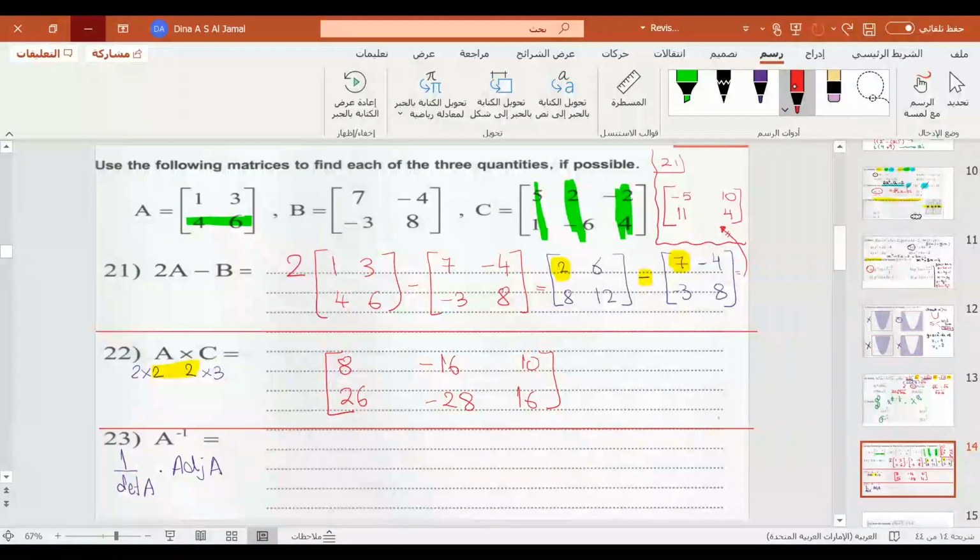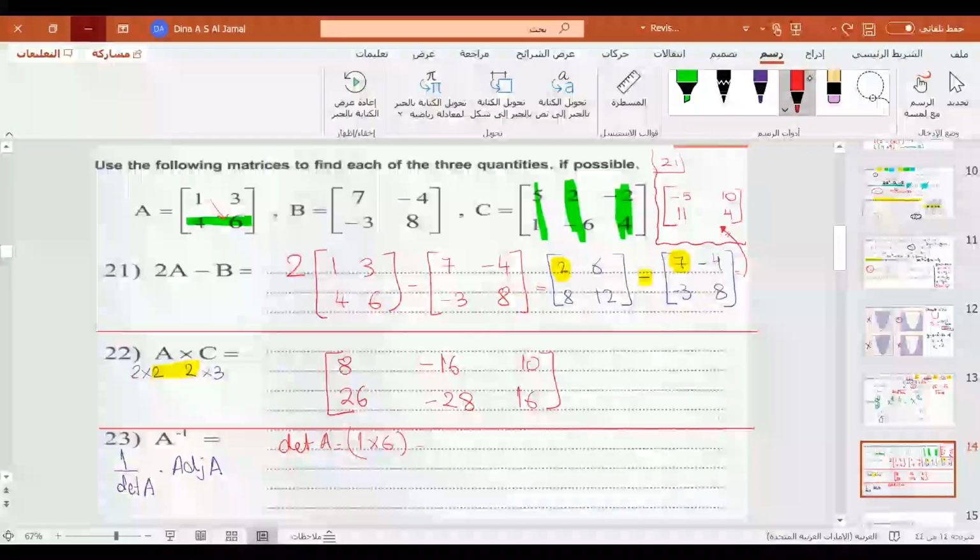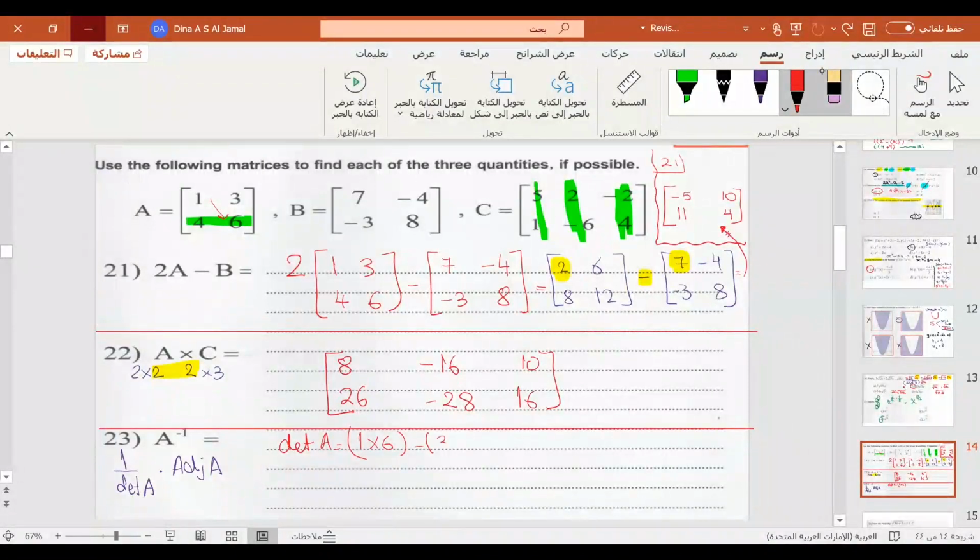So what is your determinant of A? First of all, 1 by 6 minus 3 by 4. That means it's all about -6.